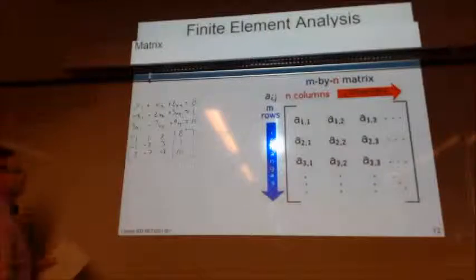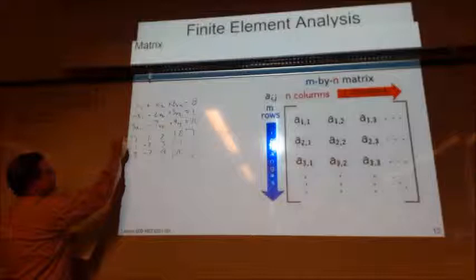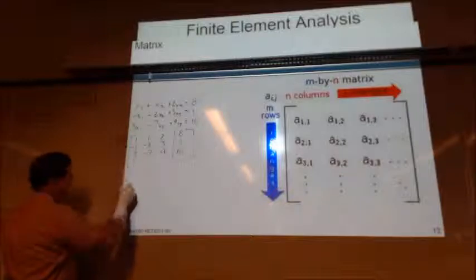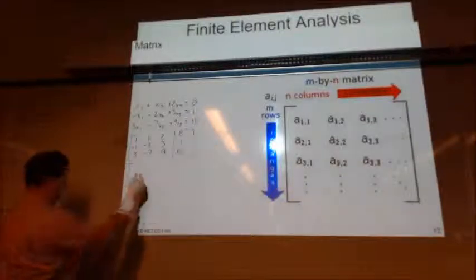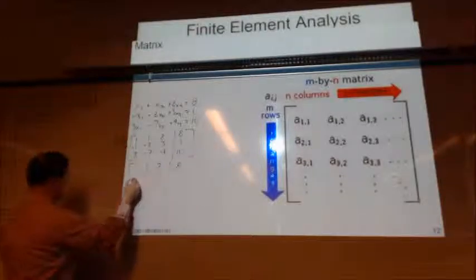Okay, so if we want to reduce this, we're going to do row 1 minus 3 again. So what does that become? 1, 1, 2, 8.